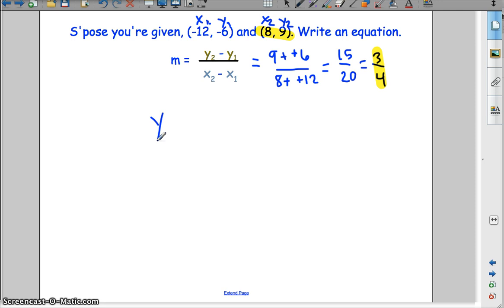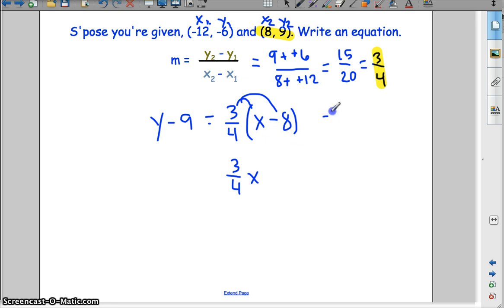So we have y minus 9, because that's my y value, equals, my slope is 3/4, and then in parentheses, I'm going to have x minus 8. So now I can go ahead and solve for y. So if I distribute the 3/4, I can have 3/4 x, and then a negative 8 times 3 is a negative 24. A negative 24 over 4 is going to be a negative 6.